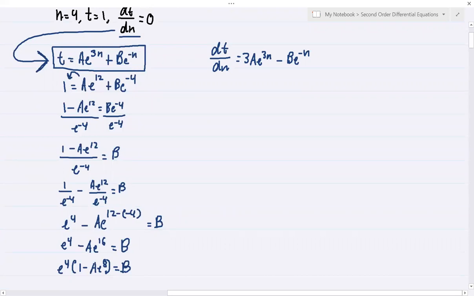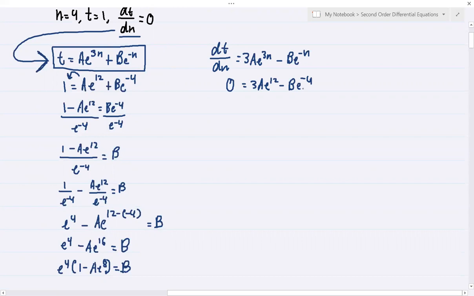So let's substitute now. Since dT over dn is equal to 0, we will have 0 equals 3a times e raised to 3 times n, or basically 3 times 4, so 12, minus b times e raised to negative 4.